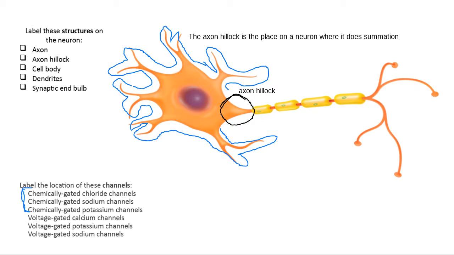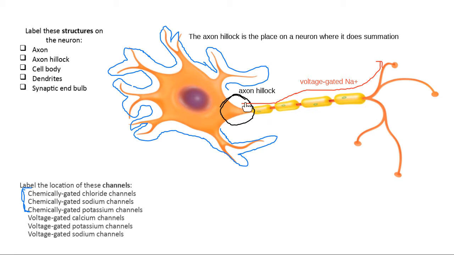When we talk about the way that a neuron works, they do action potentials too. Let me label it for you. Voltage-gated sodium channels. I first open voltage-gated sodium channels at the Axon Hillock because I hit threshold right here.